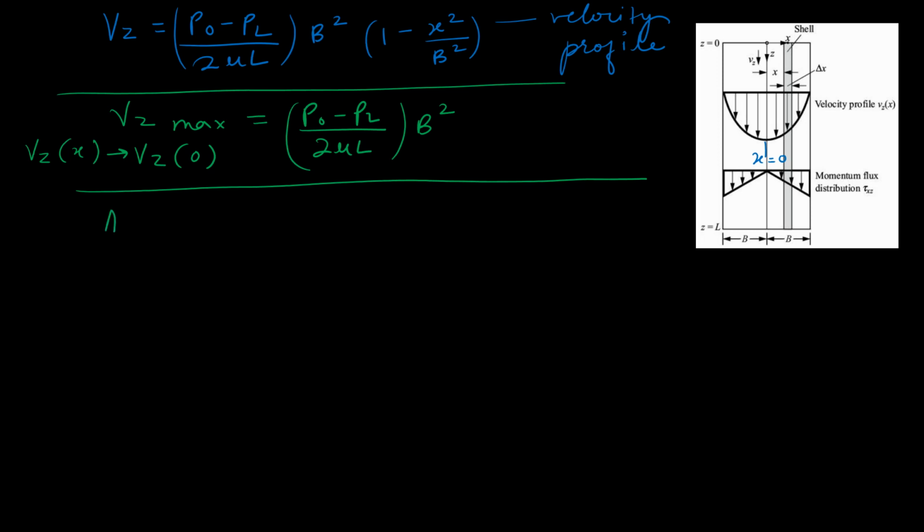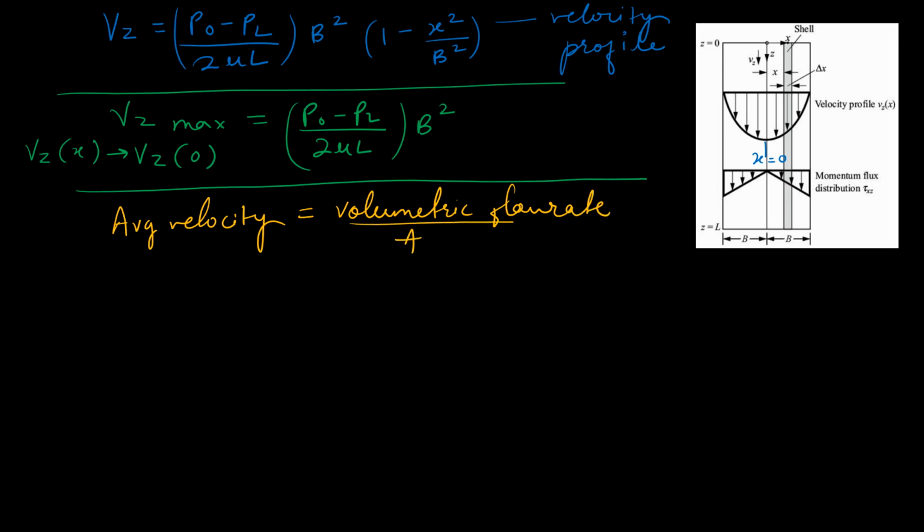Now average velocity. What is the average velocity? So average velocity is equal to volumetric flow rate upon area.